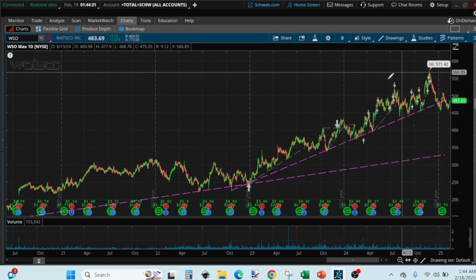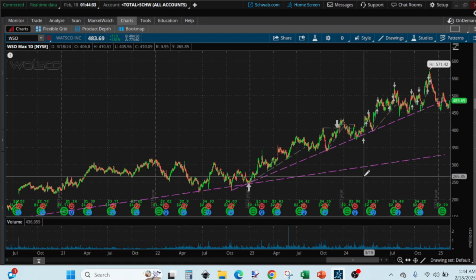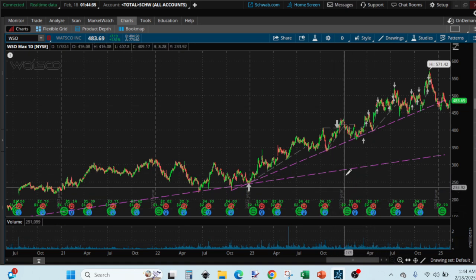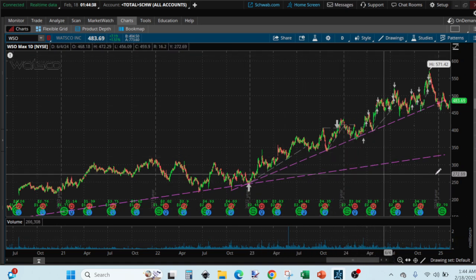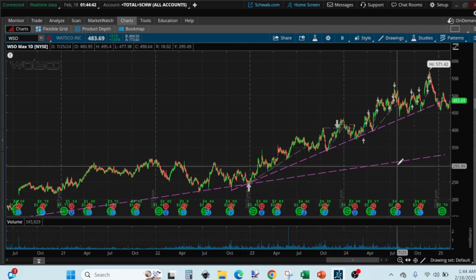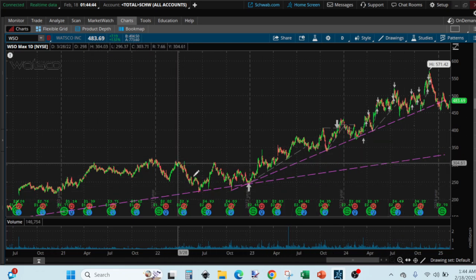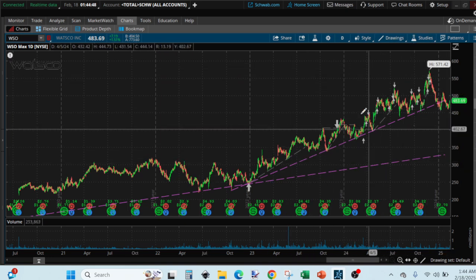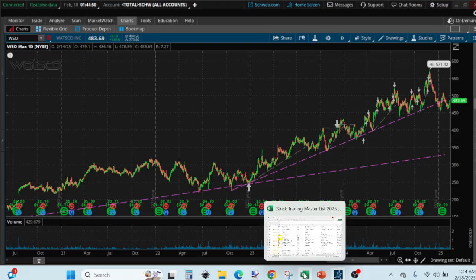Therefore, the maximum daily chart gives you a bigger picture to see your trend lines and to see more than 1 year of charts on the screen.